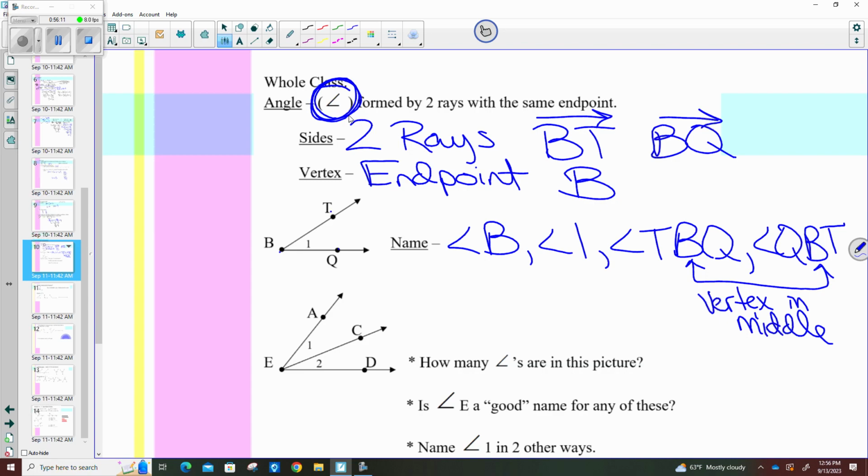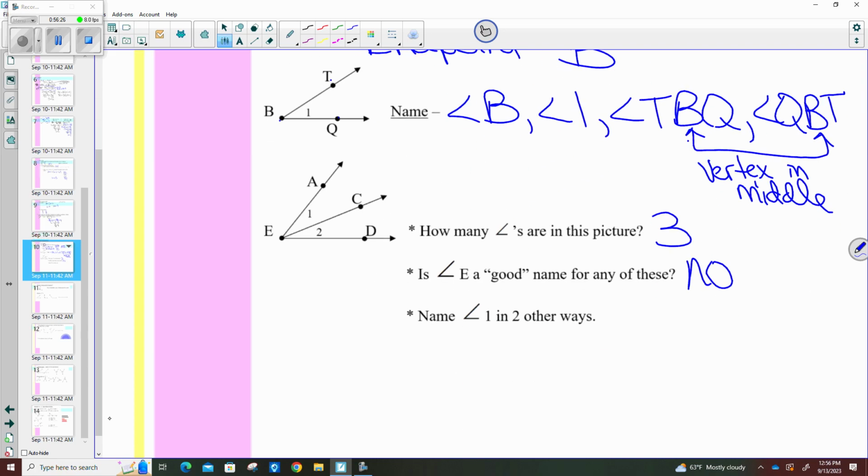Absolutely. You got the 2 littles and you got the biggest one. So is angle E a good name for any of them? Well, do you know which angle I'm talking about if I say angle E? No. That is why we have to have the ability to name it with 3 letters, so we can give a good name that tells you exactly which angle I'm talking about.